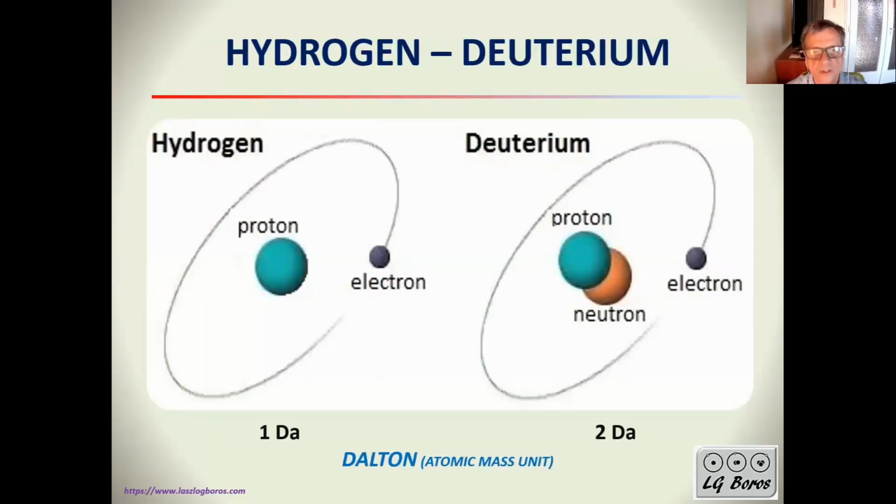To the left, you can see hydrogen with the proton and the electron around it. And to the right, you can see deuterium with a proton, a neutron, and an electron. And as you can see, the mass is vastly different. It's 1 Dalton versus 2 Dalton, so it's a 100% increase in weight and nuclear size.